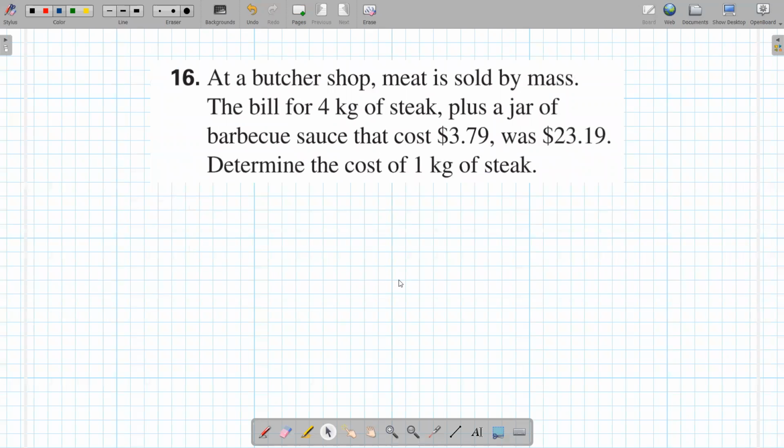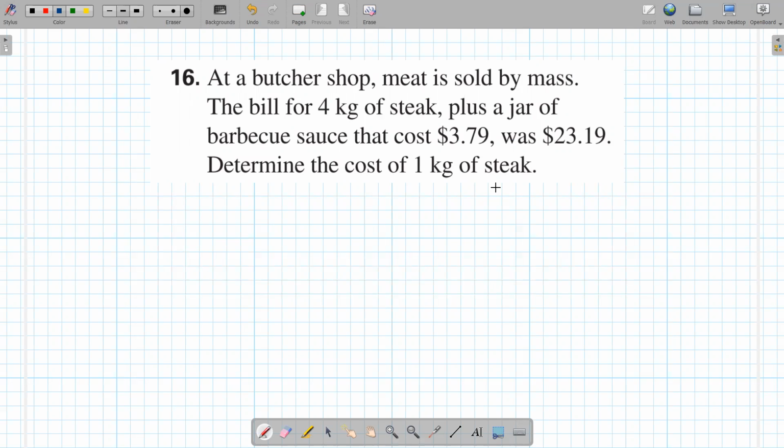Yeah, read this question, and then give me the equation. And again, X is going to represent the cost of 1 kilogram of steak. So the answer would be 23.19.